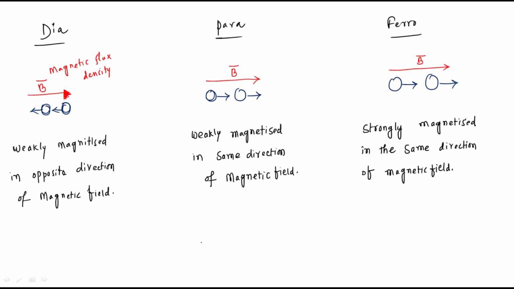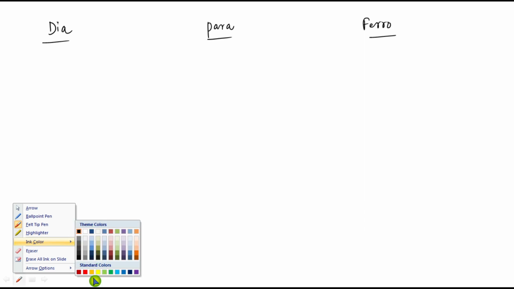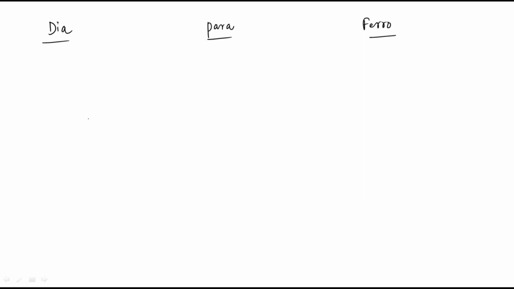Right, this is another type of difference. Next we can go for how the magnetic flux lines behave.